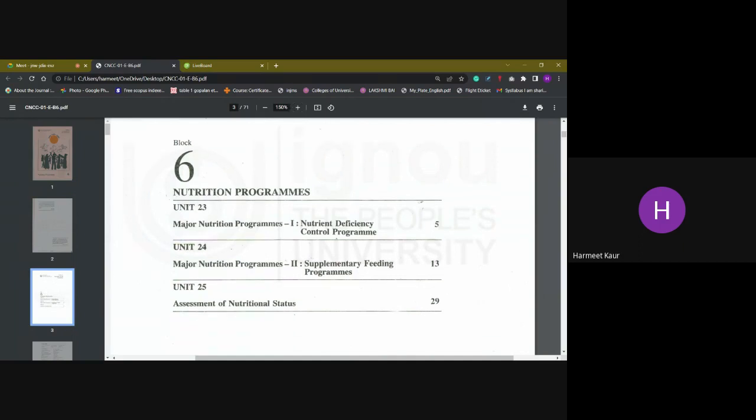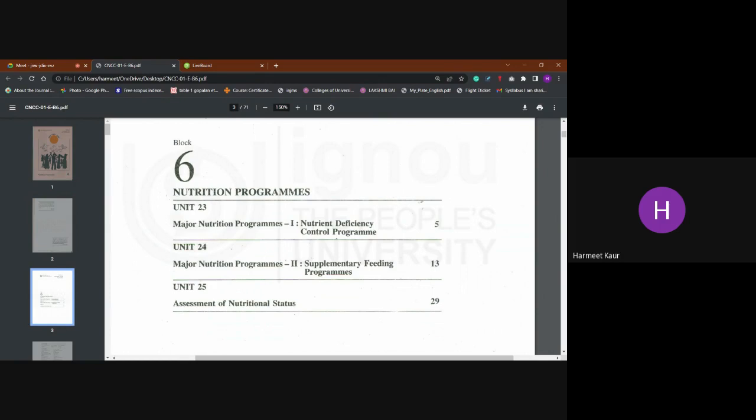In earlier sections, we discussed different nutrient deficiencies which are prominent across different populations. So we learned about vitamin A deficiency or deficiency of iron which causes anemia and so on. Particularly in the Indian setting, we have different programs which are designed to combat or to lower the prevalence of these nutrient deficiencies. So unit 6 will deal with some of these programs and also supplementary feeding programs.